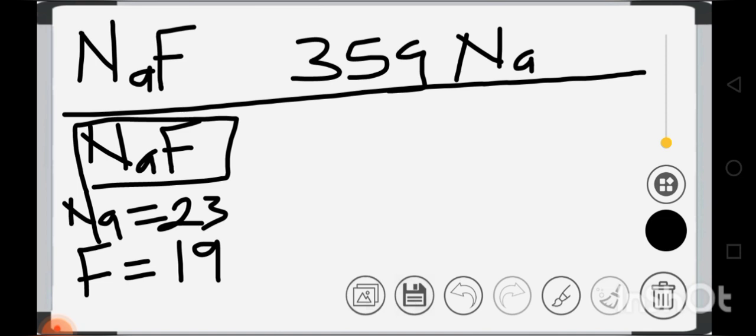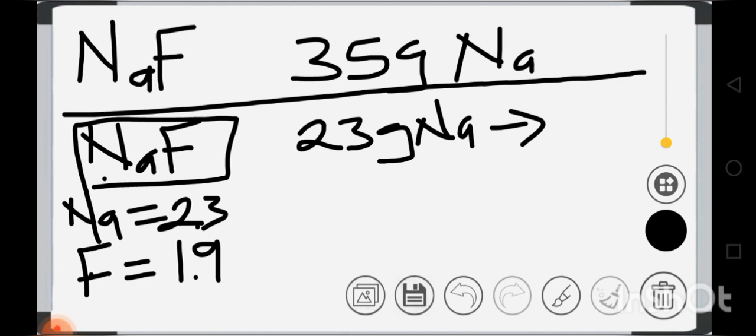So if I have 23 grams of sodium, I'm going to have 19 grams of fluorine. So in this proportion by mass, we can say that if we have 23 grams of sodium in sodium fluoride, then 19 grams of fluorine will be there.